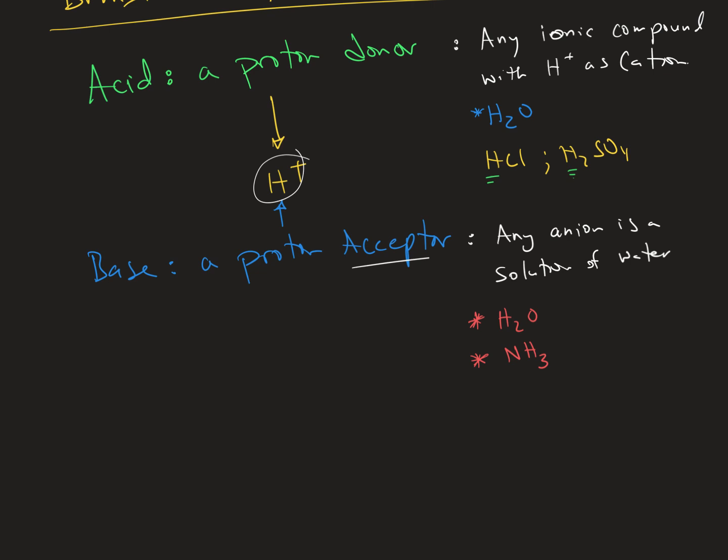But if we list some other examples, we got NaOH. Is that a base? If it's in water, it's a base. Because what happens if it dissolves in water? It dissociates and we have a hydroxide ion that's negatively charged, and it can take in a hydrogen ion. You with me? Okay.